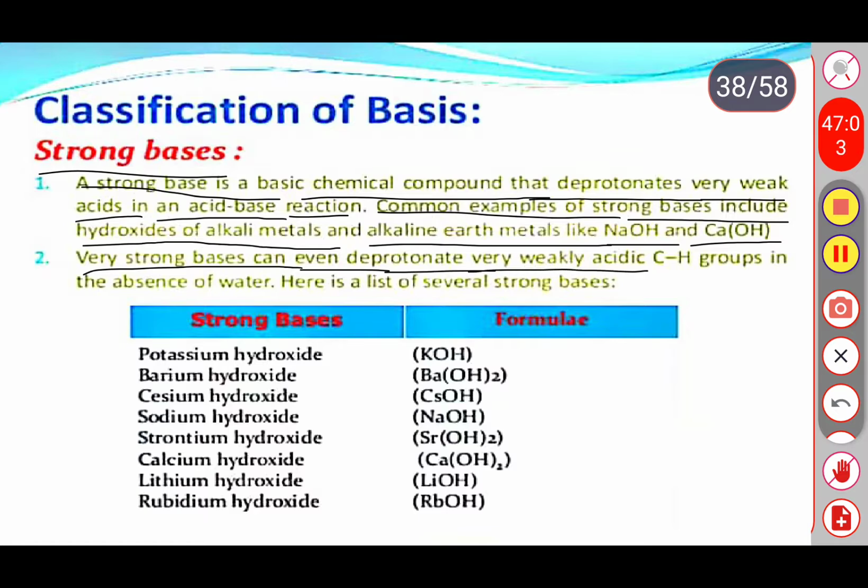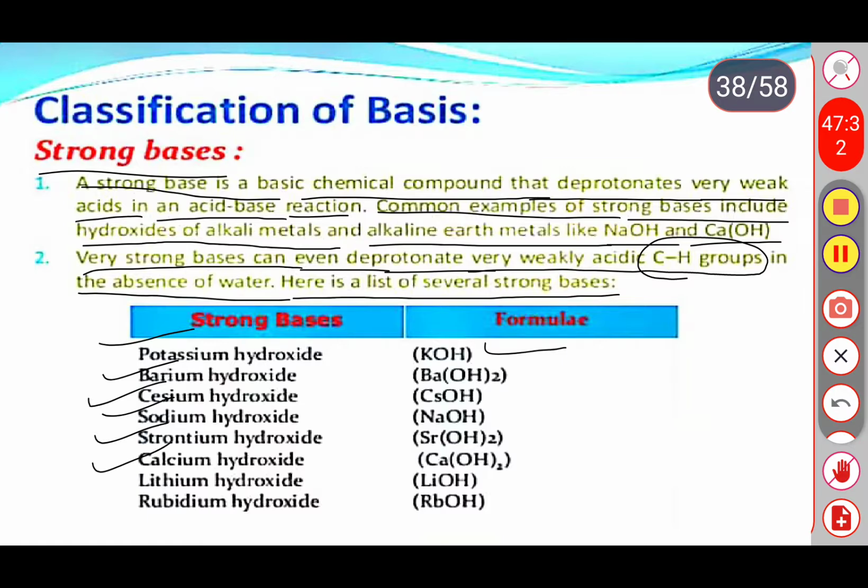Here is a list of several strong bases. First one is potassium hydroxide, second one barium hydroxide, third one cesium hydroxide, sodium hydroxide, strontium hydroxide, calcium hydroxide, lithium hydroxide, rubidium hydroxide. So these are some examples of strong bases.